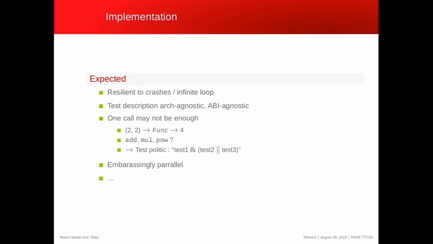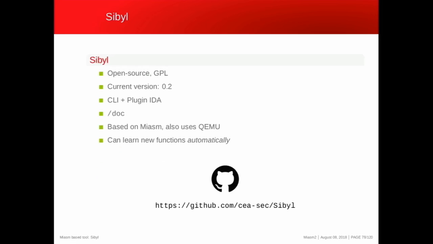We just use a timeout. The idea is to have a test signature description which is as simple as possible and arch agnostic if possible, and calling which doesn't consider the calling convention. There can be several calls to be sure that this is the function, and it is a problem which is obviously embarrassingly parallel, so we will use this.